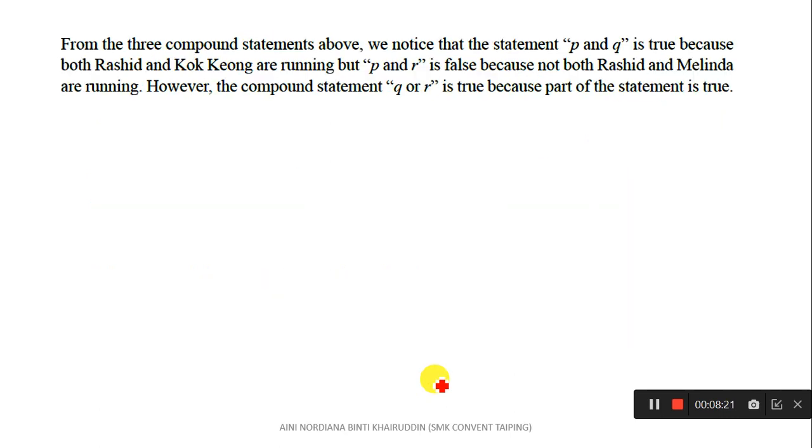So next, from the three compound statements just now, we notice that the statement P and Q is true because both Rashid and Kok Kyung are running. But P and R is false because not both Rashid and Melinda are running. However, the compound statement Q or R is true because part of the statement is true.